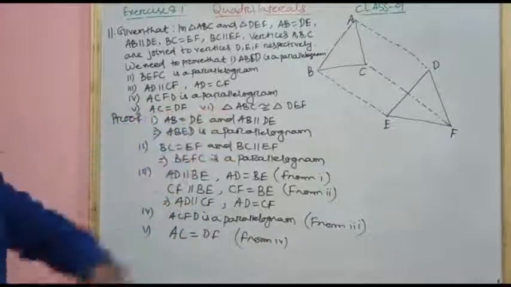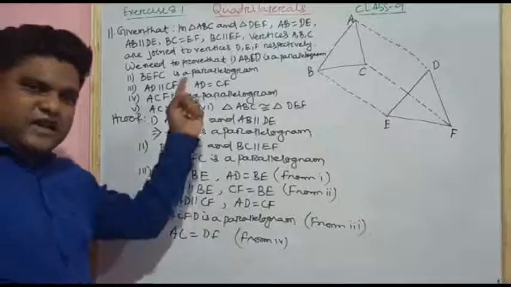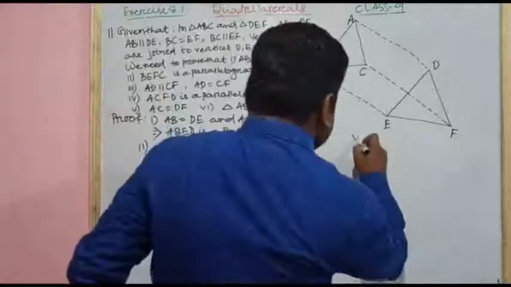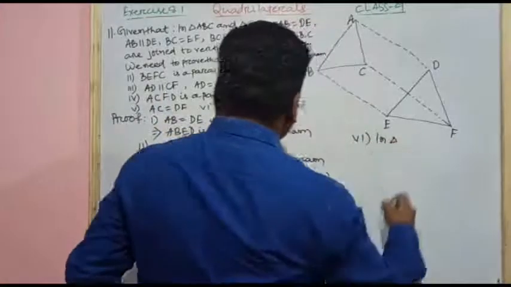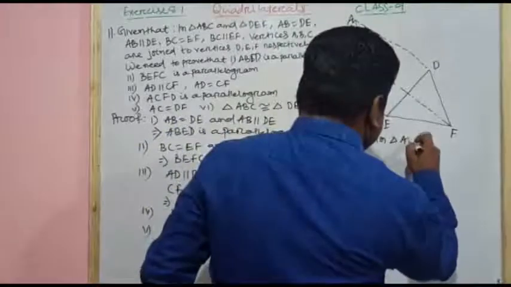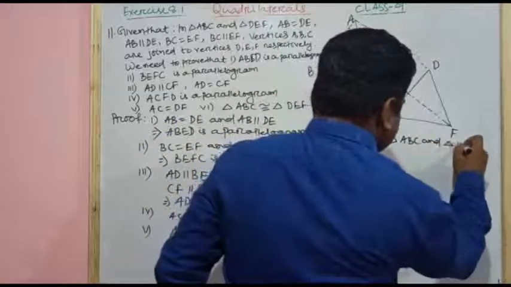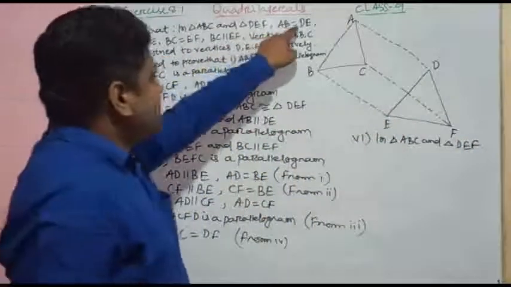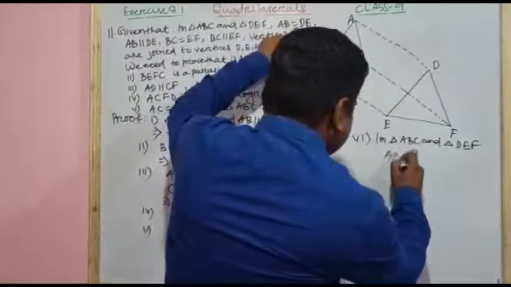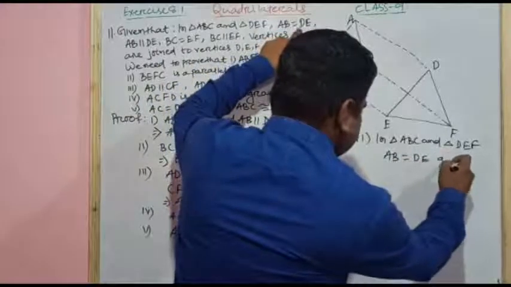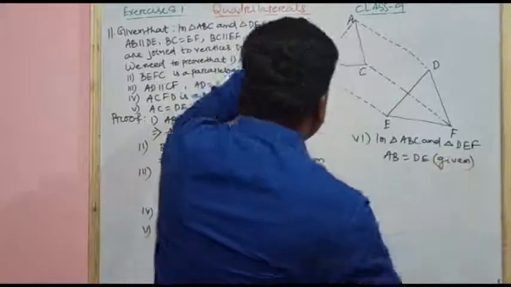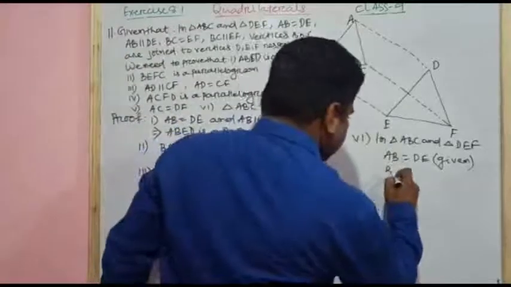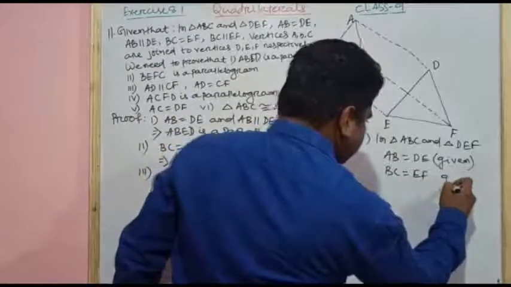Now we have to prove triangle ABC and triangle DEF are congruent. So that is the sixth bit. In triangle ABC and triangle DEF, what are equal? AB equal to DE, it is given. BC is equal to EF, it is also given.